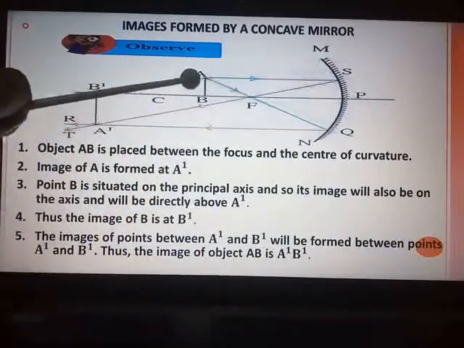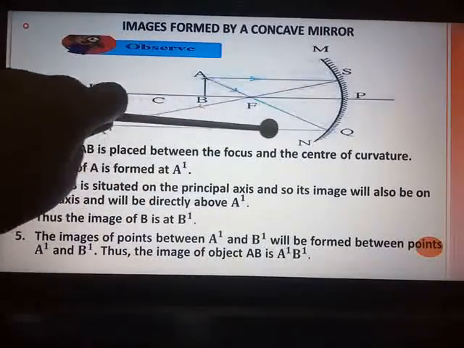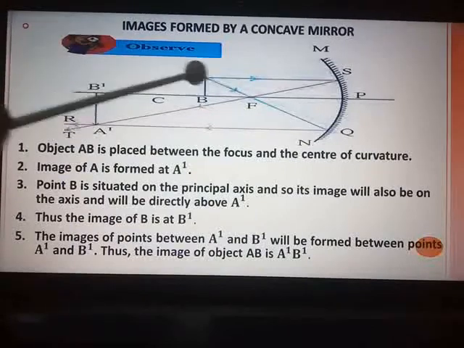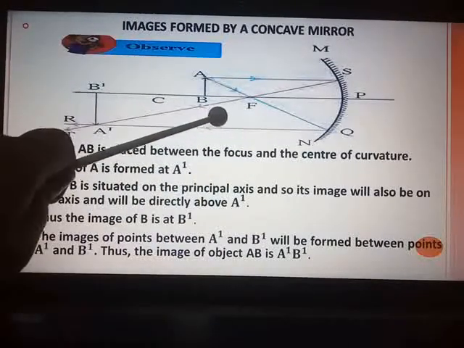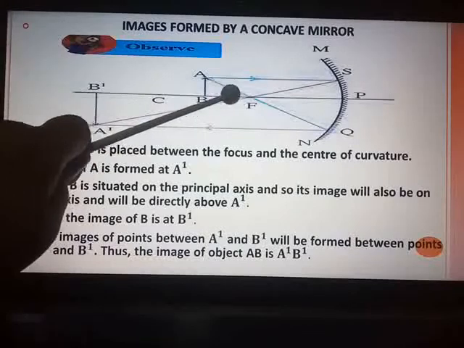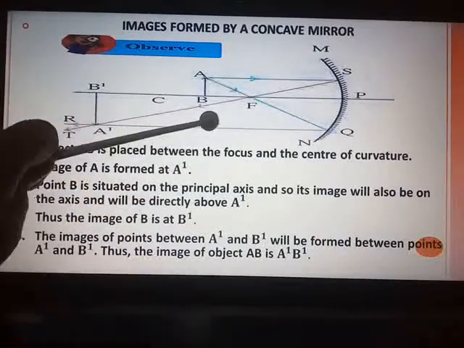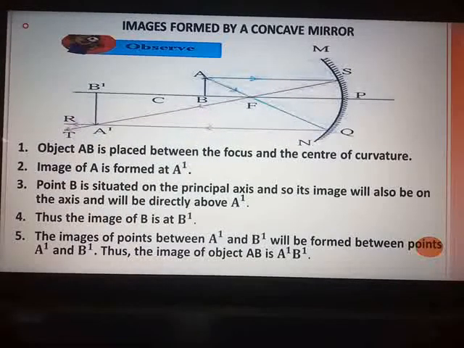This is the incident ray and this is your reflected ray. Incident means arrow towards the mirror and reflected going out away from the mirror. It is passing along QR.